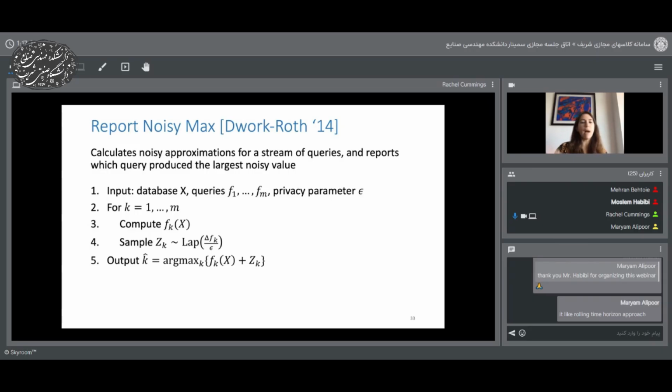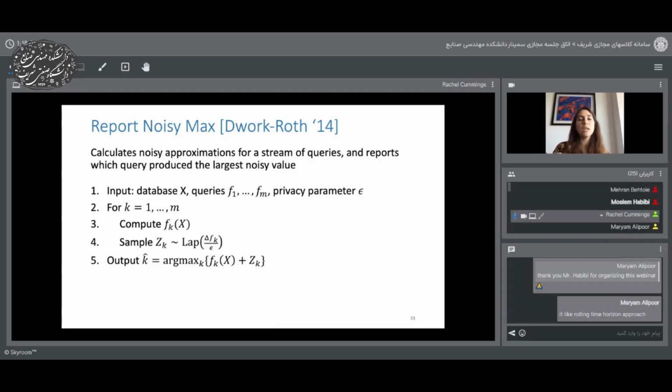It is inspired by some other things that existed in papers and kind of became folklore, and they were the first ones to actually write it down formally. And so effectively, this approach is going to calculate noisy approximations for a stream of queries, and then report the query that produced the largest noisy value.